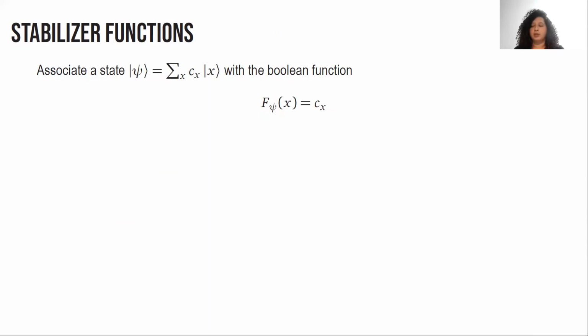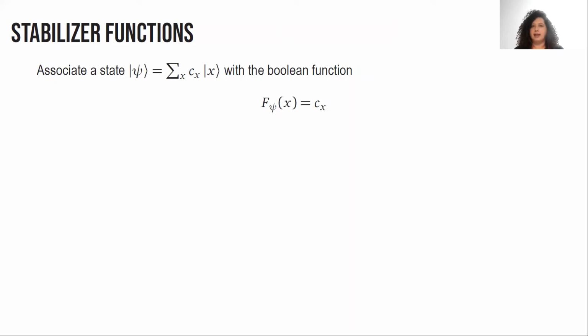So now we chose a special basis for the 2 to the n dimensional vector space over the complex field, and instead of talking about states, we can talk about Boolean functions, or functions from F2 to the n to the complex field. And we do it as follows. For every state, we associate a Boolean function.